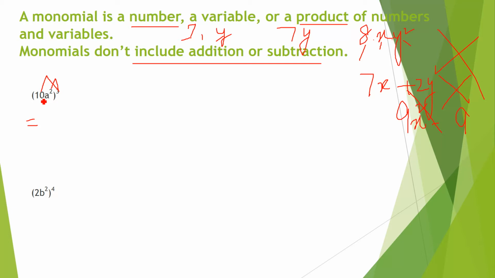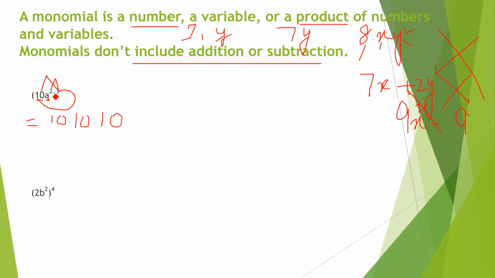So how will you solve it? This is called the coefficient, this is called the variable or base, and this is the power. So the coefficient you have to write down as many times as you have the whole power. So this is 3. It means you have 10 three times. This dot means multiplication, so I am putting this dot, and then a².